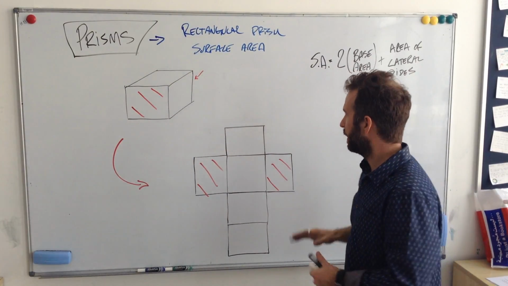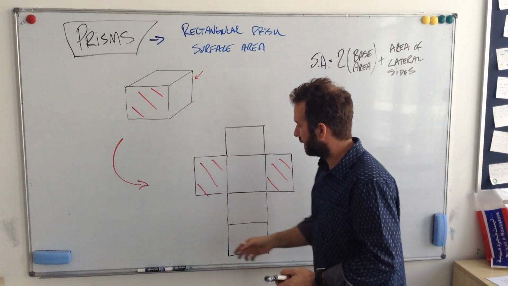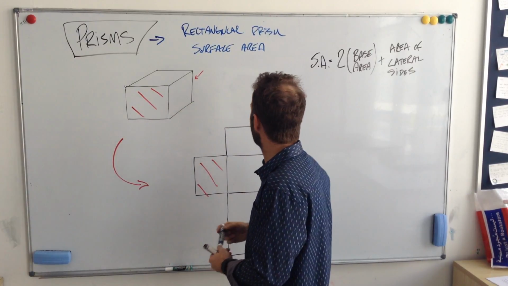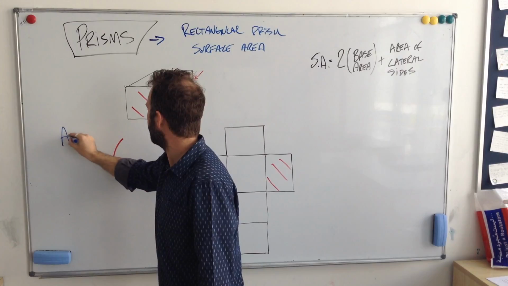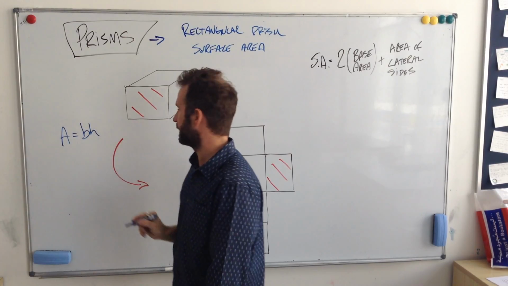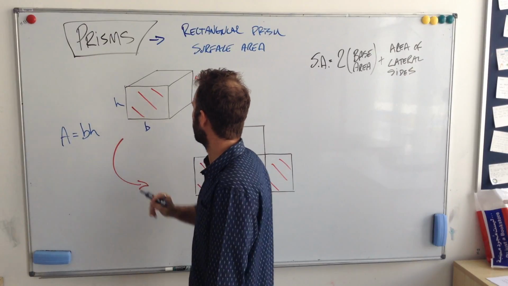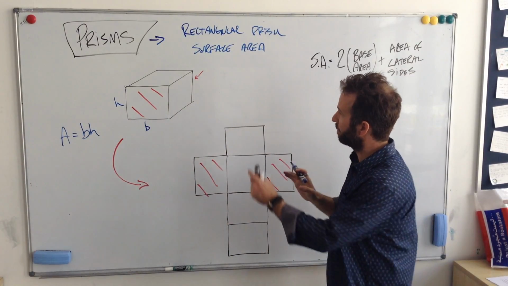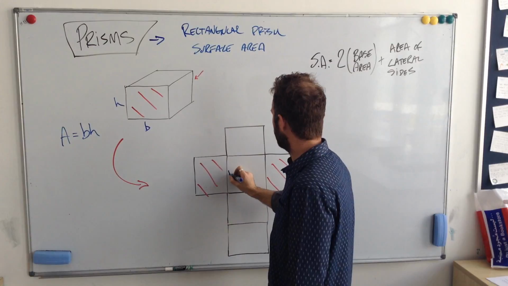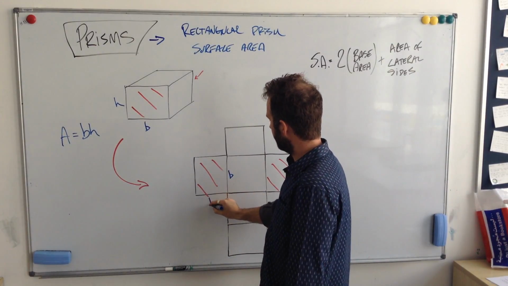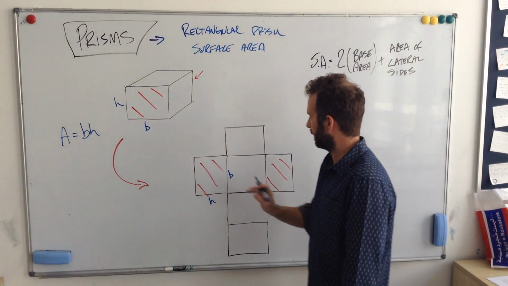So here we go. In order to get a base area, this is a rectangle, so we know that we've simply got area is equal to base times height. Well, here's our base, and let's call this our little h height. Now if that's the case, then this is going to be our base, and this is going to be indicating our little h height.